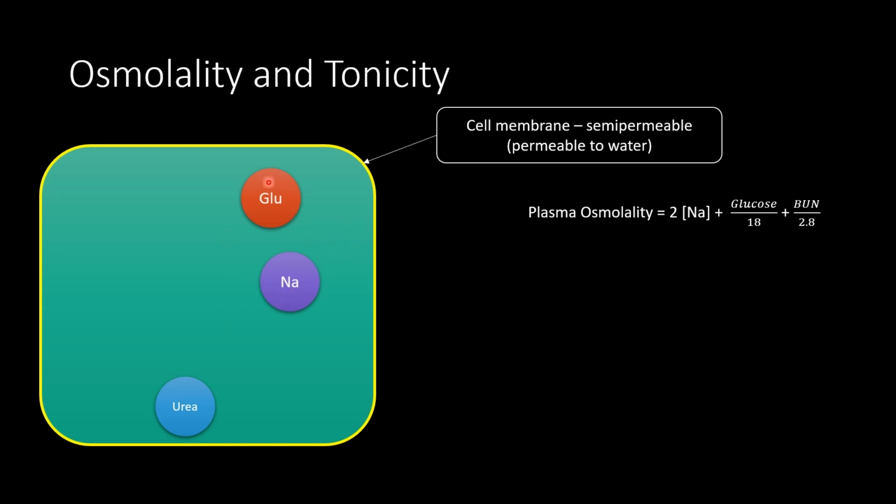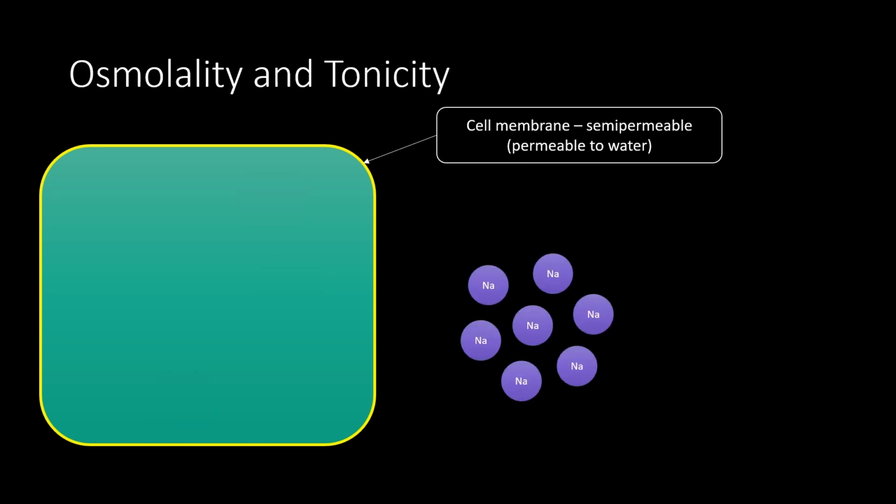That means it gives rise to osmolality and tonicity, both. But consider urea can freely move across the cell membrane. That's why urea becomes like solute 2 discussed in our previous slide. So urea is an ineffective osmol, or it doesn't give rise to tonicity. It only contributes to osmolality but not tonicity.